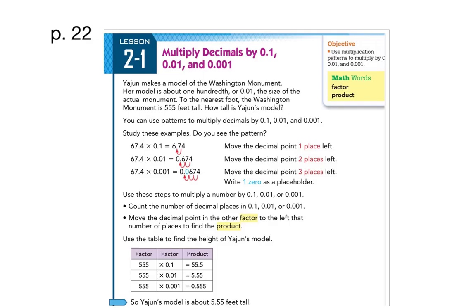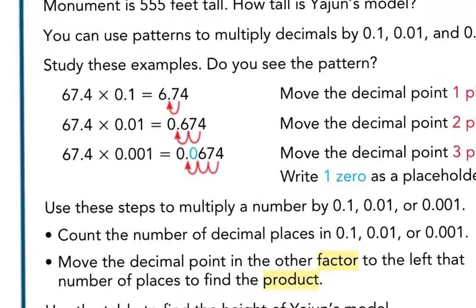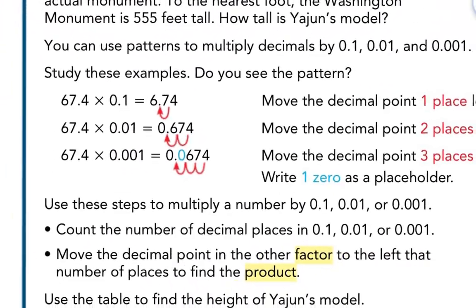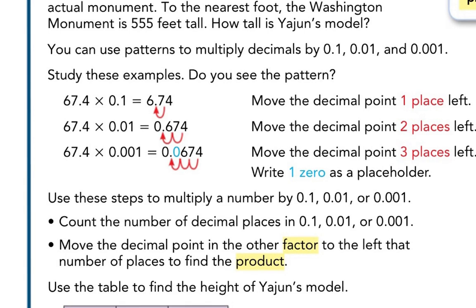If you look at this on page 22, we can look at a couple more examples, and you can see once again multiplying by 1/10 moves the decimal 1 place to the left. Multiplying by 100th moves the decimal 2 places to the left. Multiplying by 1,000th moves the decimal 3 places to the left.